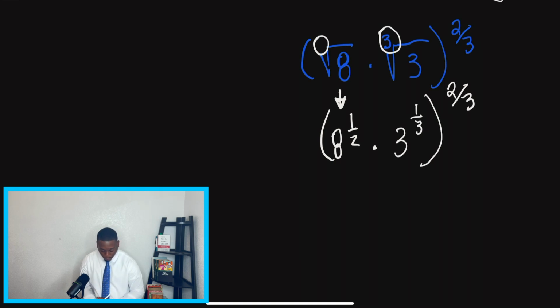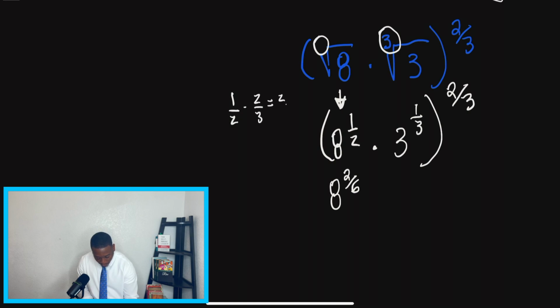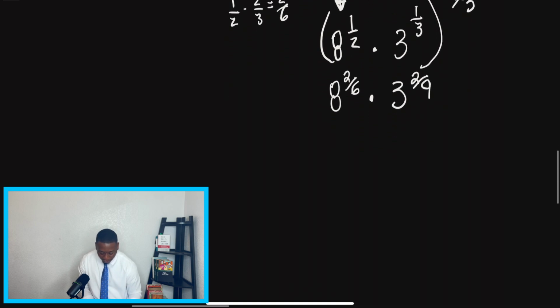At this step, what we're going to have is 8 to the 2/6, right? Because once we multiply 1/2 times 2/3, we'll get 2/6. And then we're going to multiply this by 3 to the 2/9.